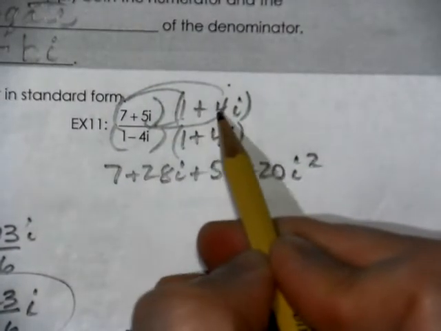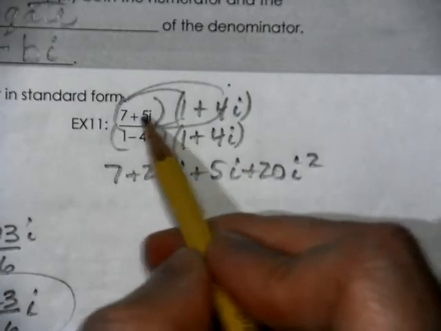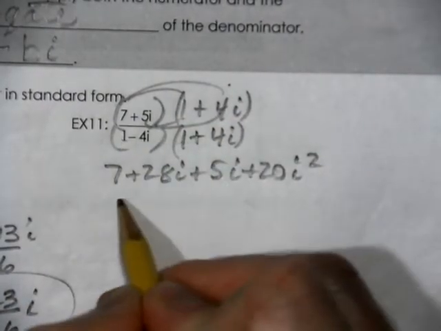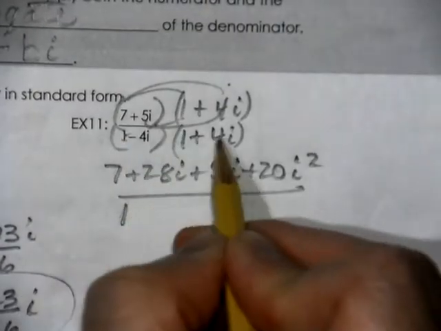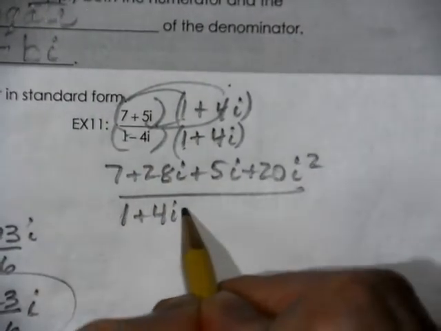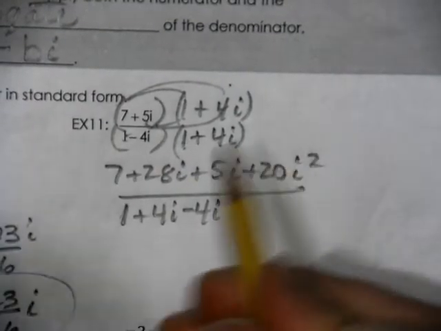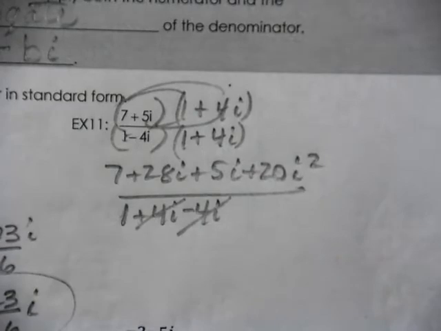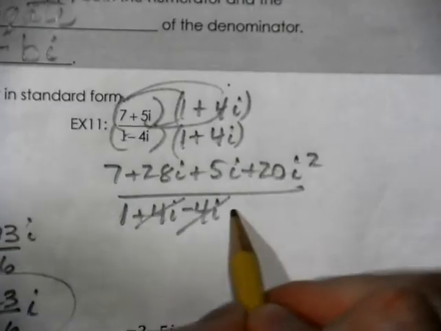We're just foiling this through, multiplying two binomials together. 1 times 1 is 1. 1 times 4 is 4i. Negative 4i times 1 is negative. So when we multiply by the conjugate, these have to cross out. That's the point of multiplying by it.